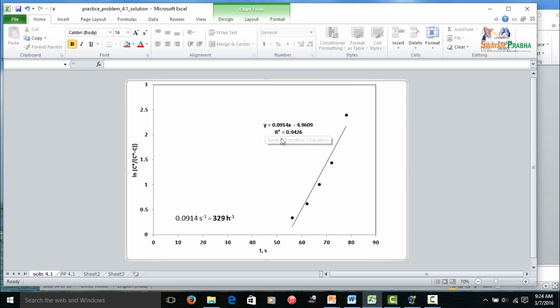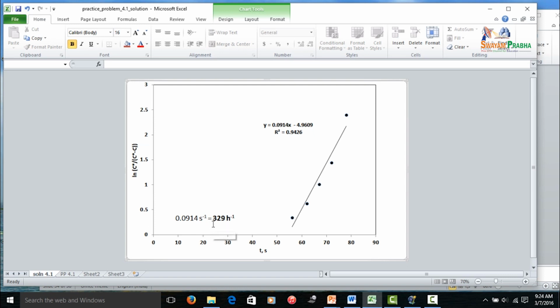The slope is 0.0914. This is in seconds, so the slope will be in second inverse, 0.0914 second inverse. We typically provide KLa in per hour.